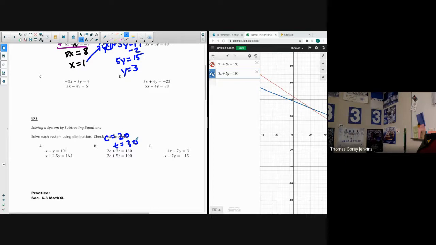Okay. So you'll see in the next example that we could eliminate the t's, but the c's are going to be easier, okay? So they say subtracting. I like to think of this as just times -1, and then I add. So what I'm going to do is multiply this by -1, and then I'm going to add them together.